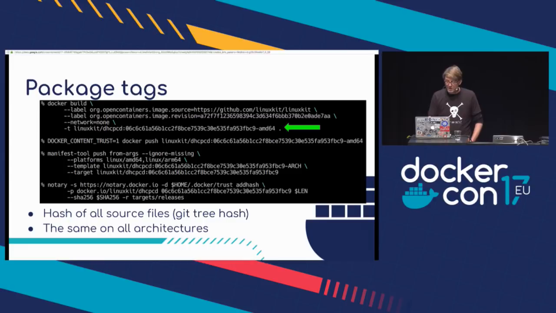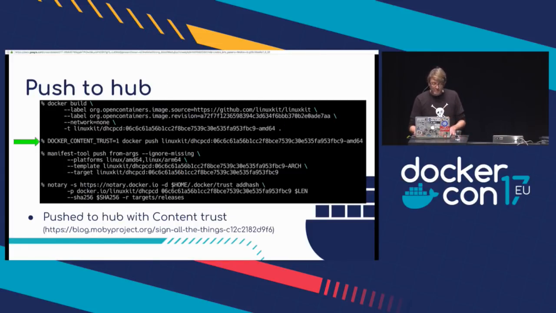So that gives us a hash. We actually use a Git tree hash, which is very easy to use. You just say, give us the content hash of this directory, thank you. We also tag the images with the architecture. And we come to that in a little bit, what that means.